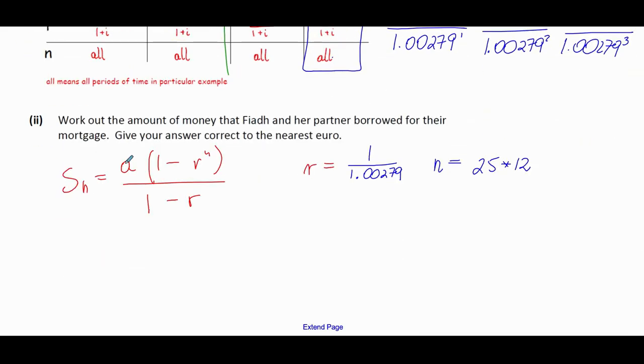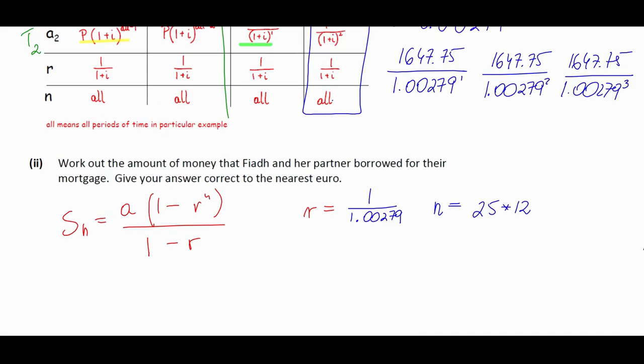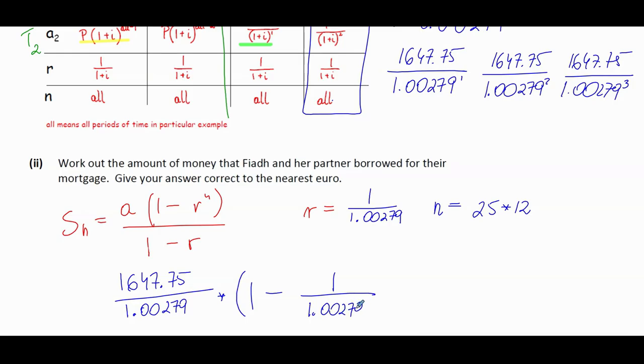So all I need to do is to replace the letters in the formula. 1647.75 divided by 1.00279, that's the a, multiplied by bracket 1 minus r, 1 over 1.00279, and that fraction is taken to the power of n, which is 25 years multiplied by 12.